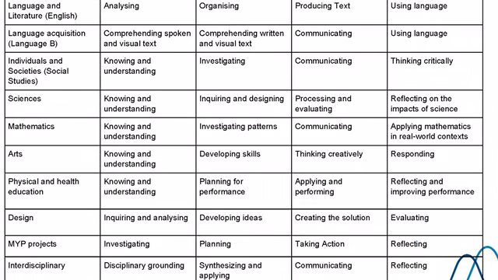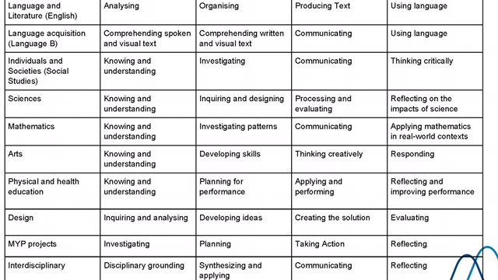This is the MYP assessment criterion across subject groups. So teachers use the MYP objectives that are prescribed to their subject group. Each subject group has 4. I've also included MYP projects in interdisciplinary just so that you can see the alignment within MYP. Each subject area has 4 criterion, as I said, to a max of 8 points.